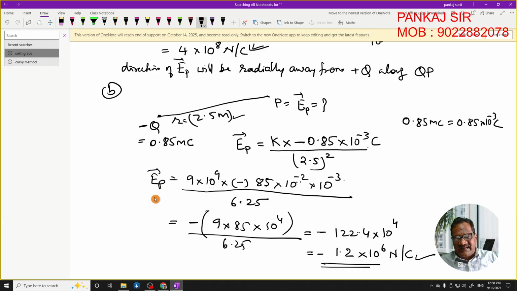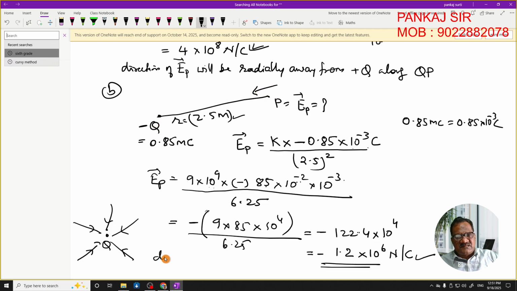And what will be the direction? Now for a negative charge, the electric field is always directed inwards towards the charge. So here also the electric field, this EP, will be directed inwards towards the charge.